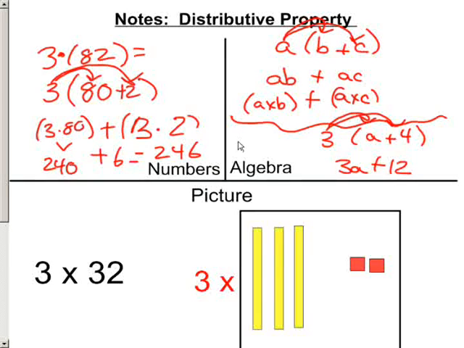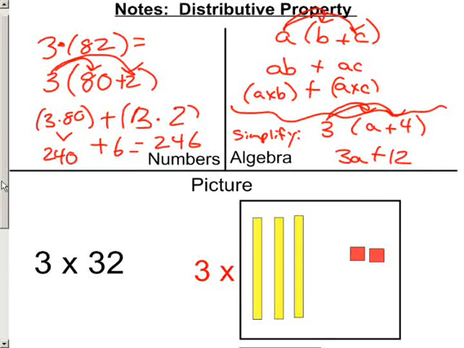So you're going to get problems later on in your homework today that ask you to simplify. And when they give you a problem like this and ask you to simplify, they want you to multiply the pieces, add them together. Now this is as far as we can go because we don't know the value for A. Alright, if you need to pause to copy that down, feel free to do that.